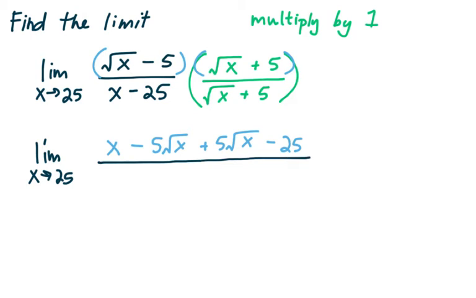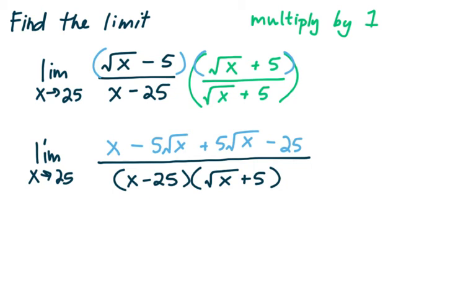So I still have my denominator, which I haven't multiplied yet, which is x minus 25 and the square root of x plus 5. So one thing, I don't always multiply that denominator initially. And the reason that is because I want this x minus 25 to cancel. So hopefully this magic I performed in the numerator is going to give me something that will let that cancel.